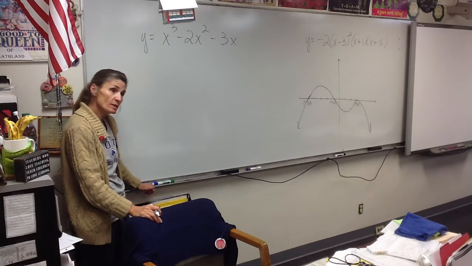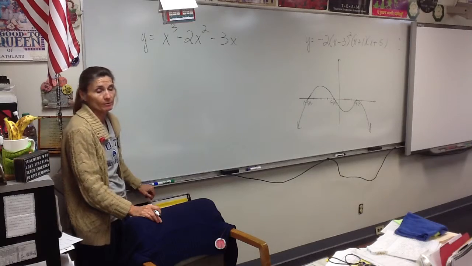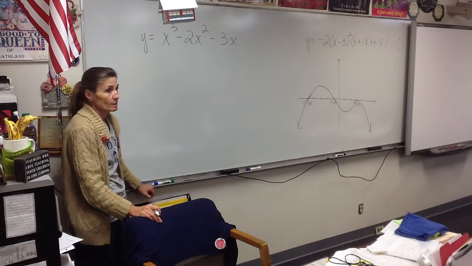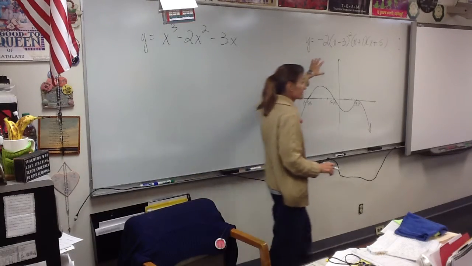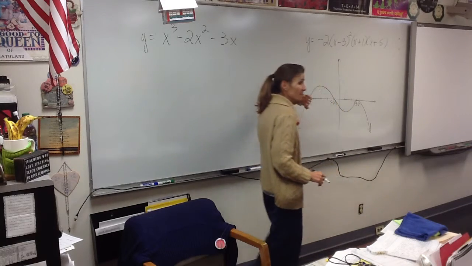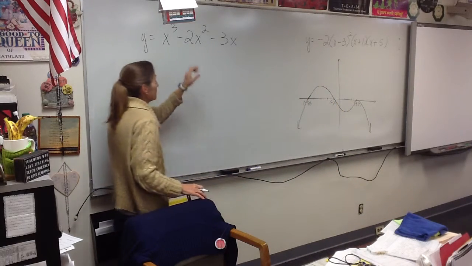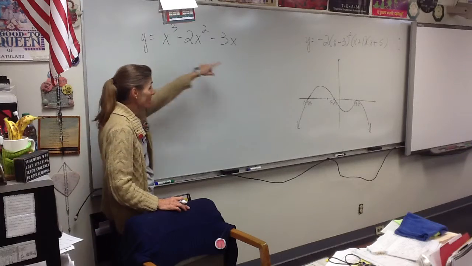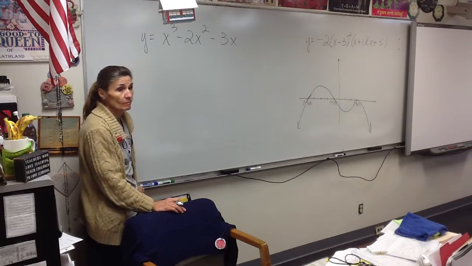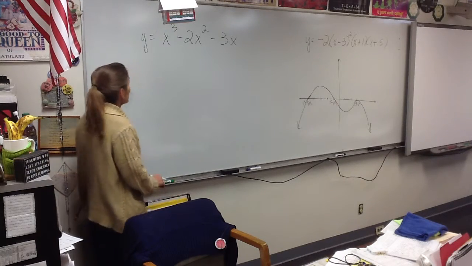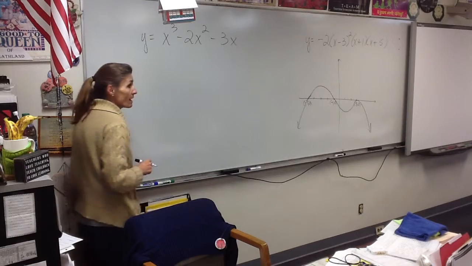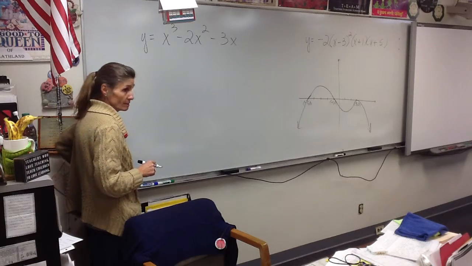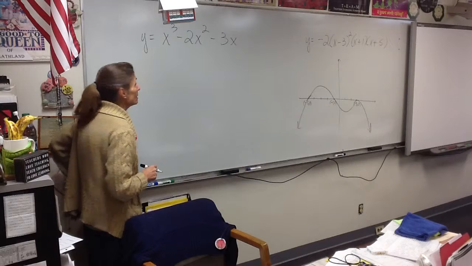For example, you're going to sketch this with no calculator. If it looked like this, you could do it in a matter of 10 seconds. But it doesn't. So step 1 is make it look like that. So what do you think? Can you see any factoring that might happen on this guy? Matt? Take an x out.